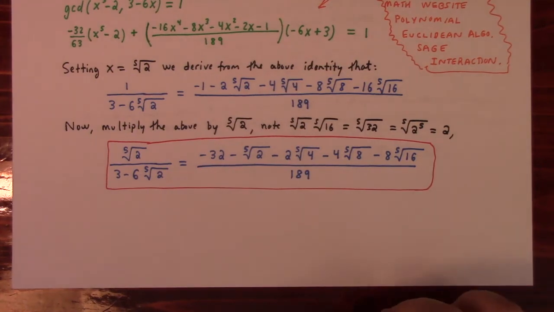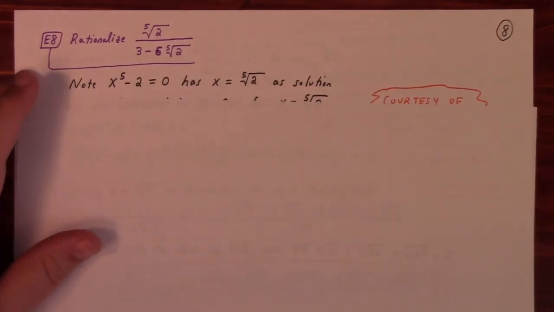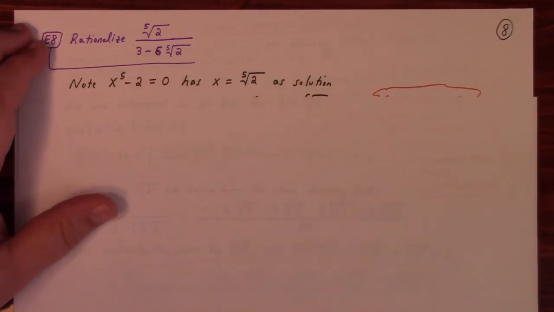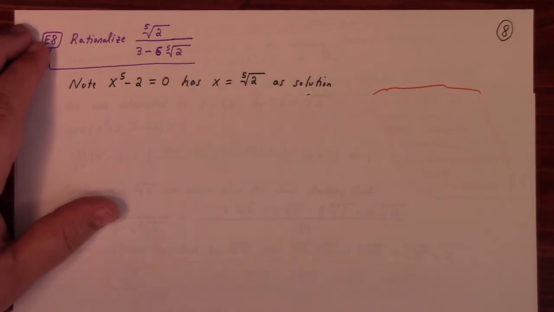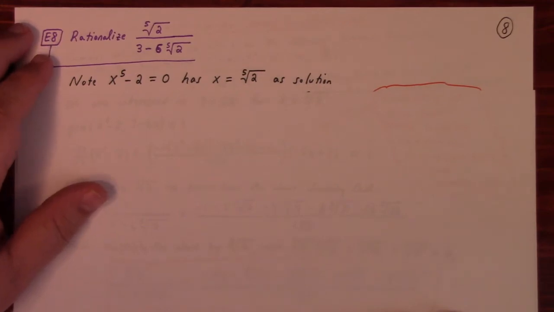Here's another one. In this one we're going to try to rationalize 1 over 3 minus 6 times the fifth root of 2. My first move is x to the fifth minus 2, that's my polynomial that's 0 when I plug in the fifth root of 2.